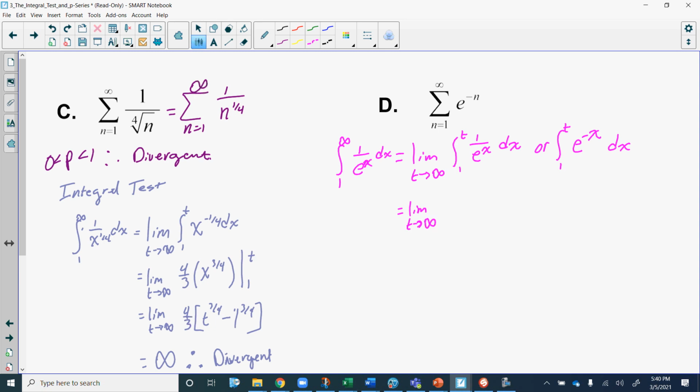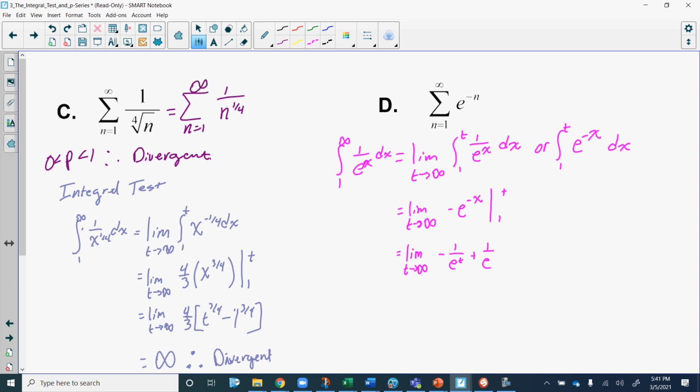In this case, the antiderivative of e to the negative x is going to be negative e to the negative x, and we're evaluating it from 1 to t. So here, limit as t approaches infinity, and we'll go ahead and do our substitution: negative 1 over e to the t power minus negative e, so this will be a plus 1 over e to the power of 1.